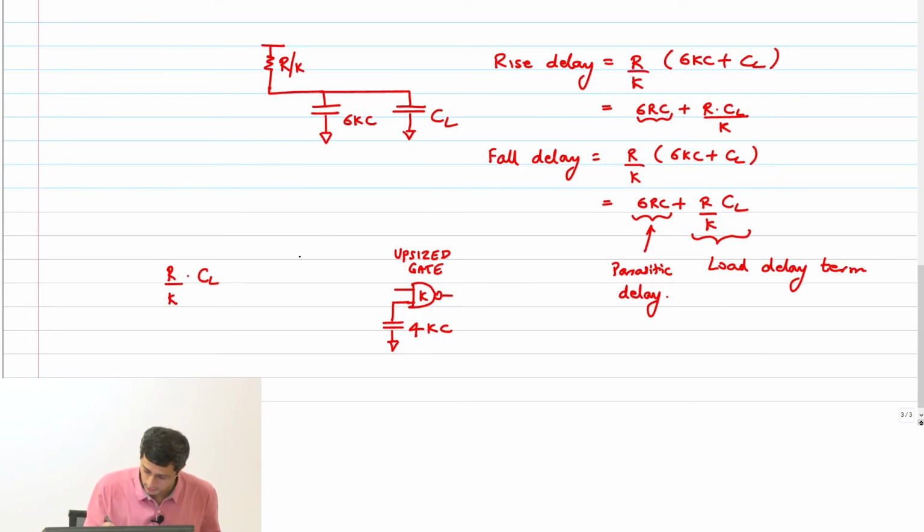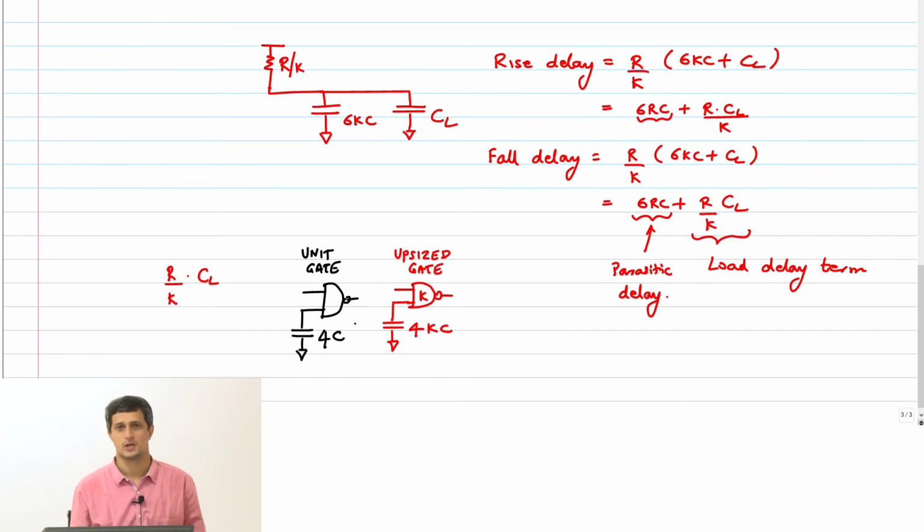What about my unit NAND gate? This is just 4C. So in general for any logic gate, I can write this as C unit, the gate capacitance presented by a unit gate.